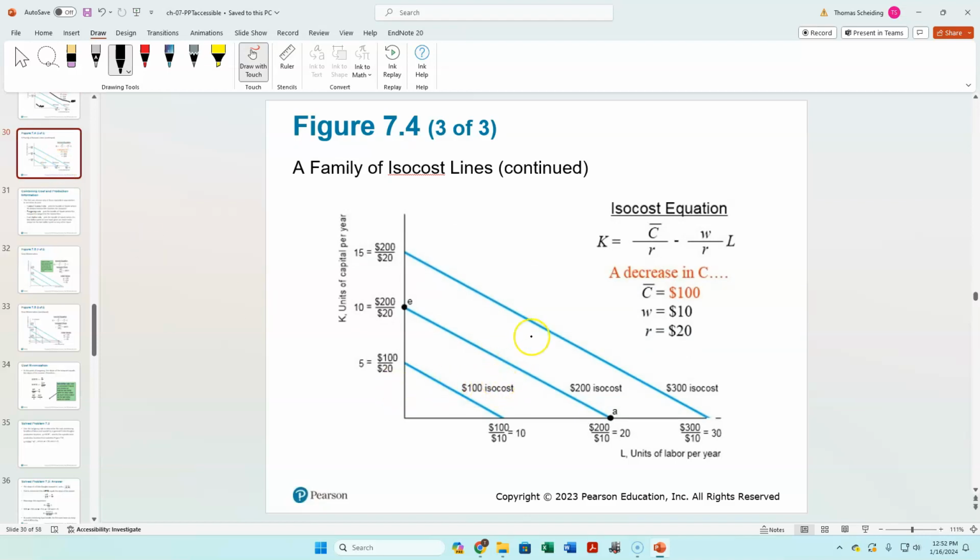The X and the Y intercept reflect again total budget divided by the wage rate, and here total budget divided by the rental rate, the price that we pay for capital.